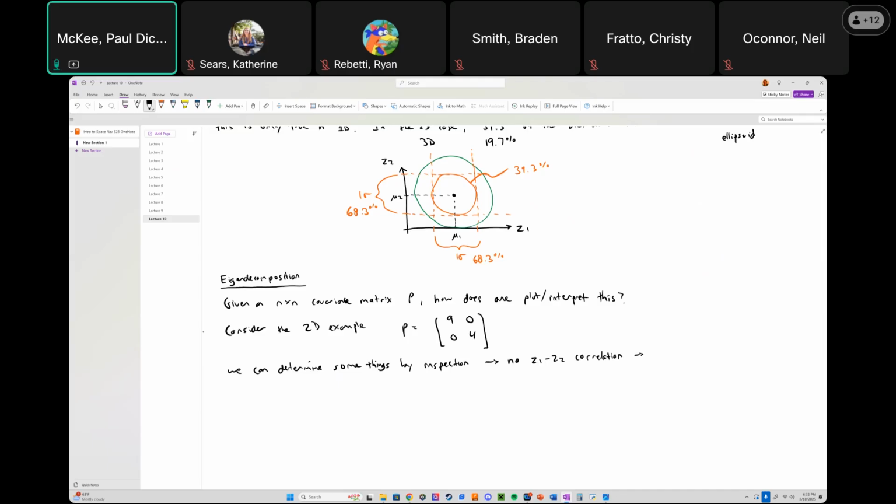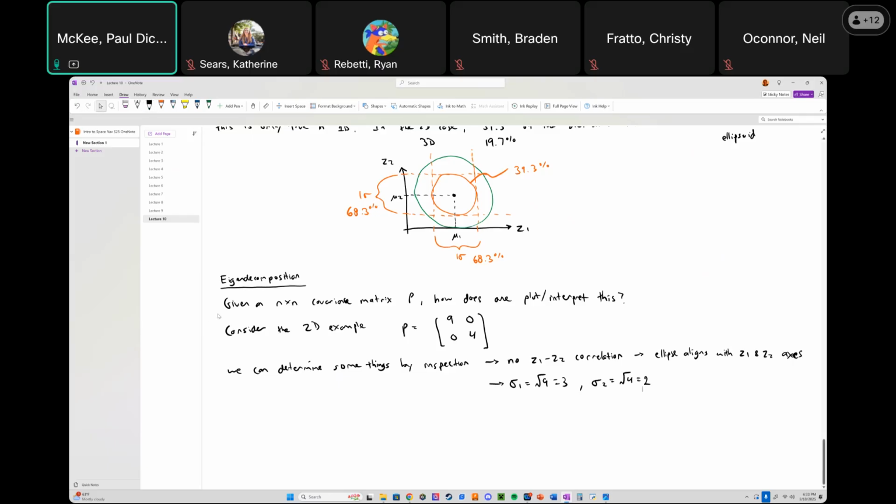It means the ellipse aligns with the Z1 and Z2 axes. So we're going to have an ellipse where its long axis is along Z1 and its short axis is along Z2, or vice versa. We don't necessarily know yet, but we know it is not diagonal. Okay. We also know that sigma 1 is square root 9, which is 3. And sigma 2 is square root 4, which is 2.